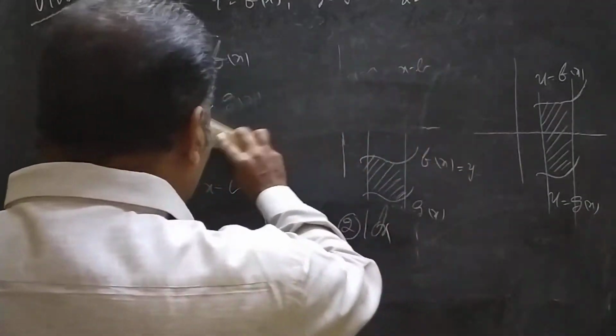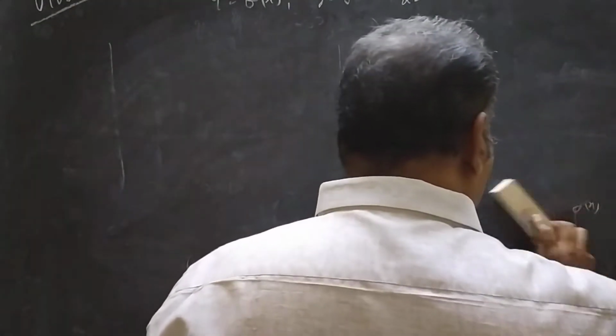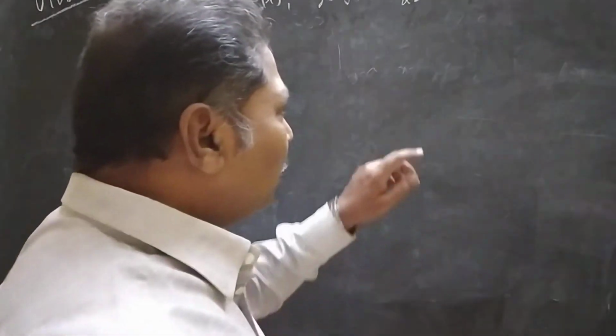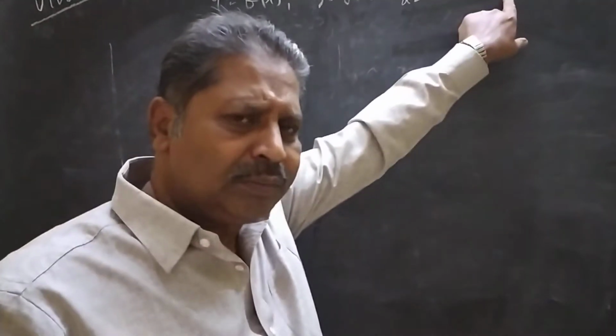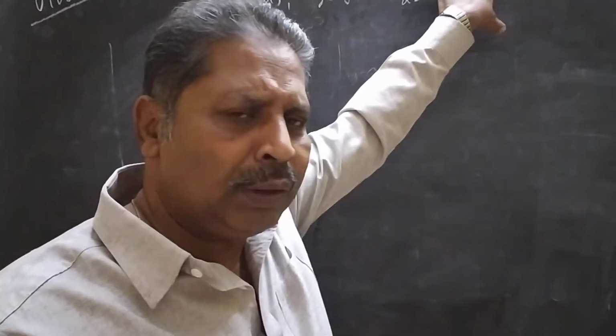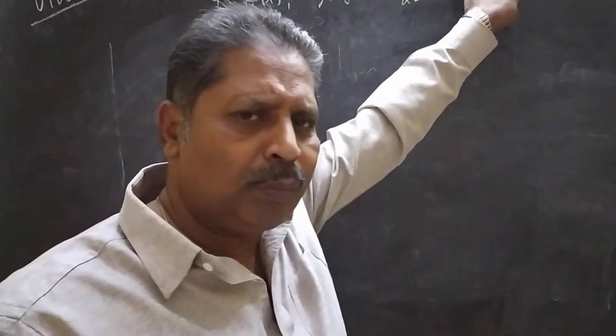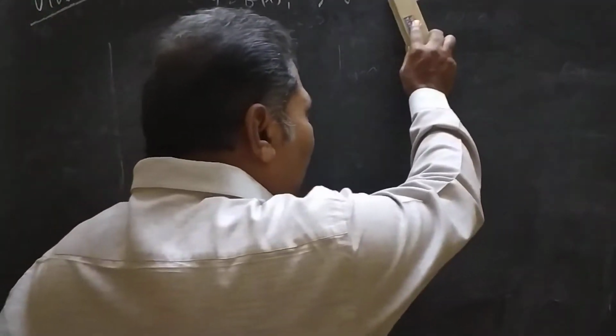For example, see this problem. Suppose the limits are not given, that is, x equal to a line and x equal to b line are not given.